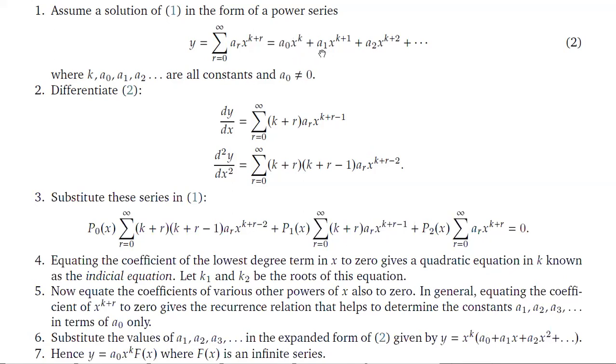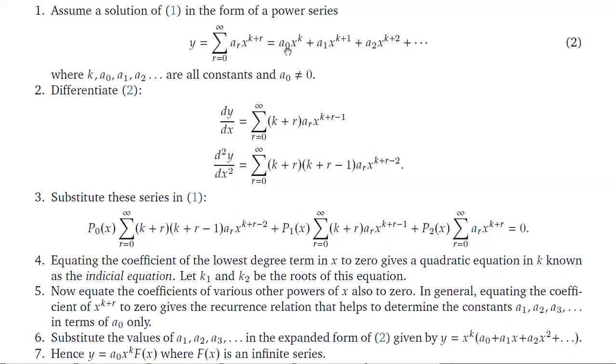We put the value of a1, but a1 will be in terms of a0, so here also you get a0. a2 will be in terms of a0. So what we get is y = x^k (a0 + a1 x + a2 x² and so on), where a1, a2, etc. are all expressed in terms of a0.